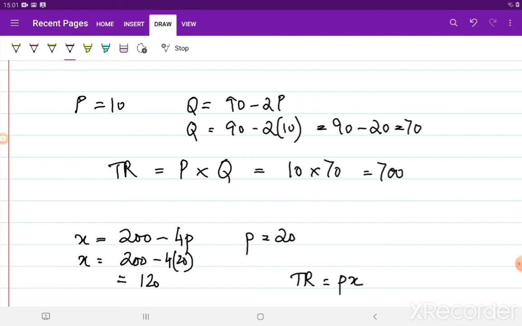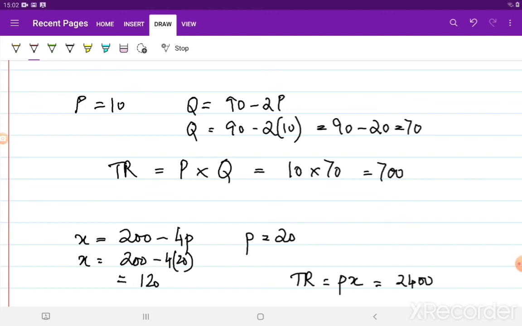Now, I hope you are noticing that the symbols which are given in the question, I am being consistent with the same symbols and notation. Okay, please be careful. Here in this question, one second, 120 into 20 I think is 2400. So that's the right answer.